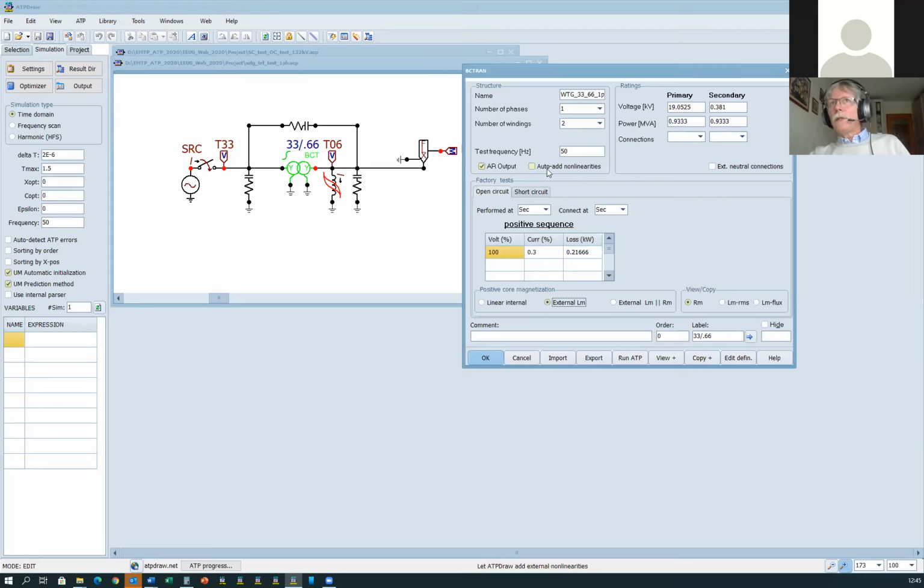Even if you specified the nonlinear volt current characteristic, the program will just use so-called type 98 and type 99 nonlinear inductances and nonlinear resistances in a non-hysteretic way. So if you would like to represent the hysteretic loop, you have to switch off the auto add nonlinearities and use an external inductance.